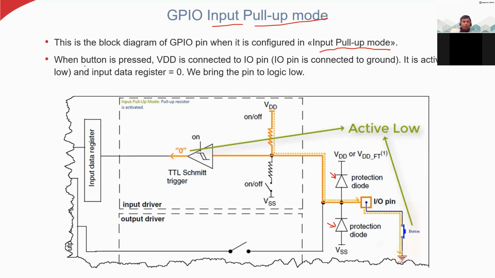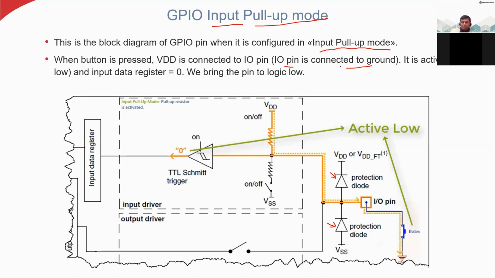So when this button is pressed, what is happening? When this switch is closed, VDD is connected through this pull up resistor down to this central node, and the IO pin is connected to ground.